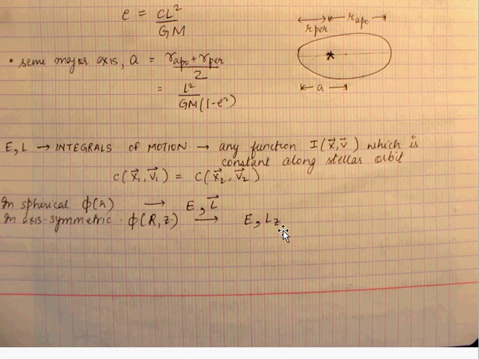Otherwise, it's only the z component that is conserved. But for a spherical system, all the components of angular momentum are conserved and the total energy is conserved as well, right? So it becomes really simple to solve for such orbits in which you have more integrals of motion, right?